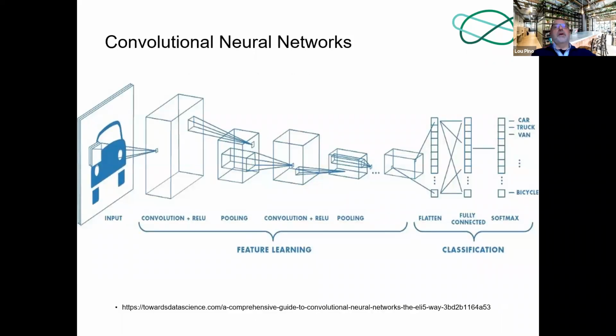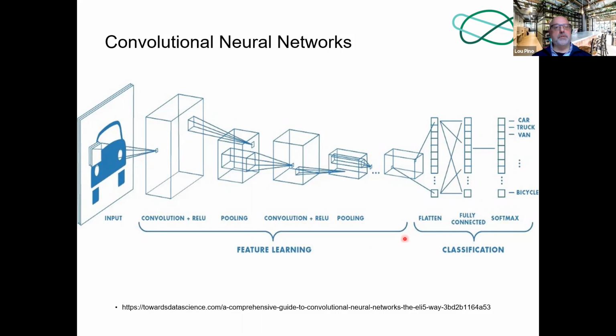The current state-of-the-art in image recognition uses convolutional neural networks. Here we see an example of classifying images of different vehicles, such as cars, trucks, bicycles, etc. There are two big stages in this example of deep learning classification.